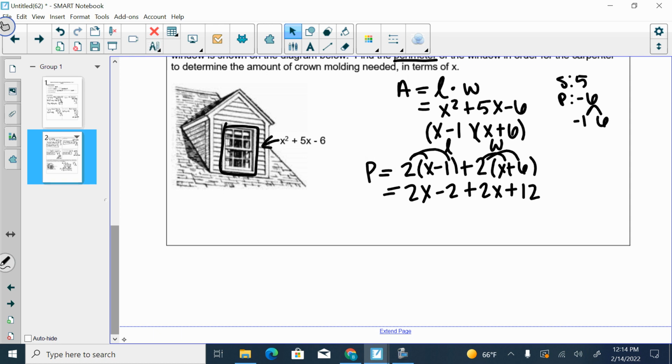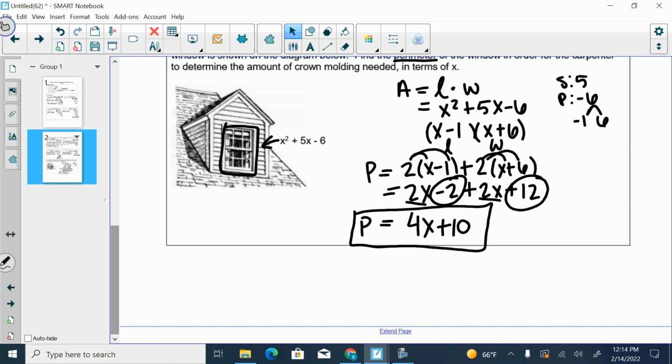Any like terms we can combine here? 2x. Uh-huh. Which gives me 4x. What else? -2 and 12. Very good. So the perimeter of this rectangle is 4x plus 10.